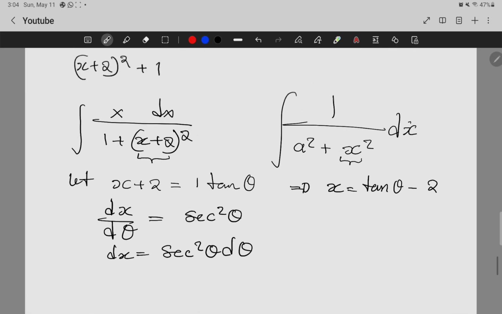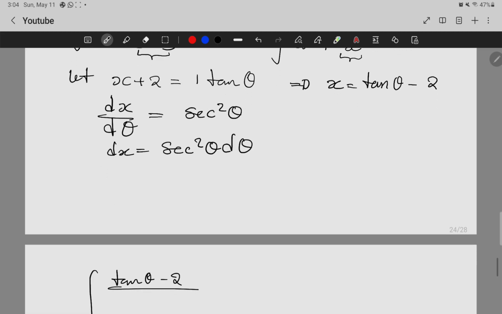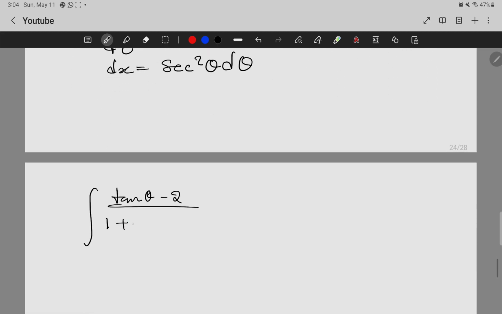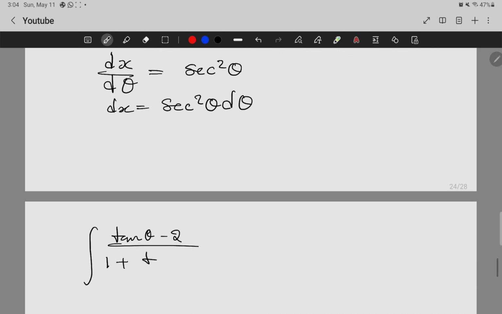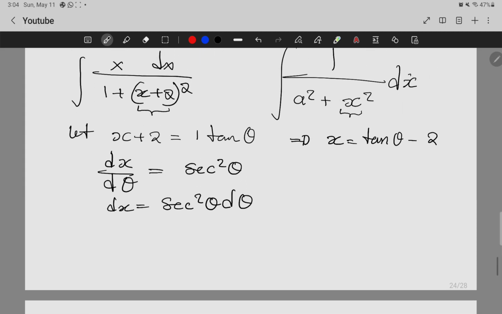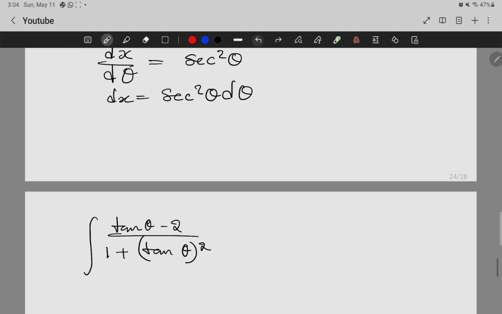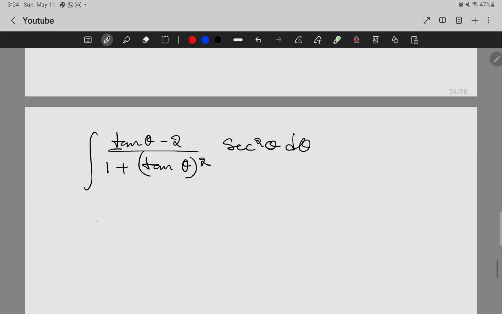In the denominator, we have 1 plus, where we have x plus 2, we see that is what we said is our tan theta. But that is squared, so we'll have that squared here. Then we have dx. dx is sec squared theta d theta. So now simplify this.